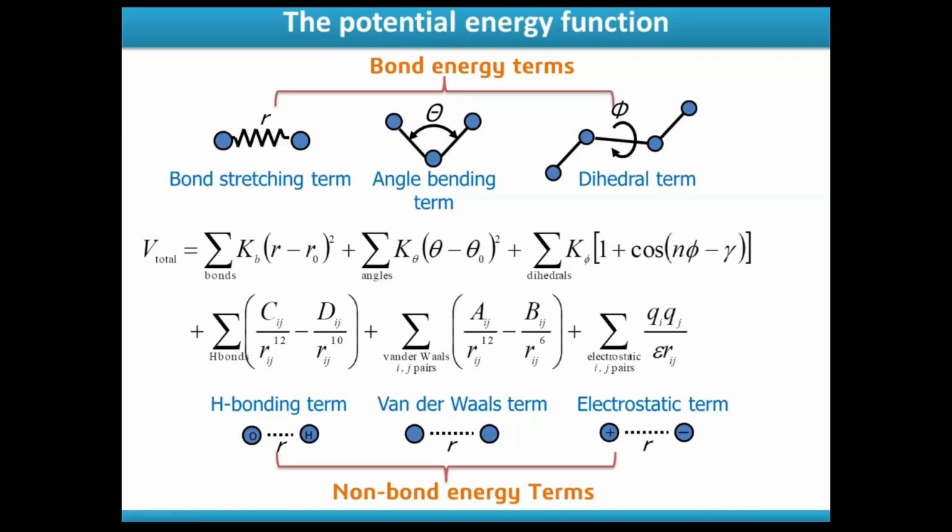And you are familiar from the last slide from yesterday that we have the van der Waals term, which is the representation of the Lennard-Jones potential, and the electrostatic term combined with the hydrogen bond term. These are the general non-bond energy terms.